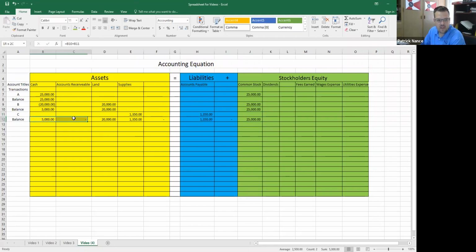So now I've got a total of 5 plus 20 is 25,000. 26,350 is the total assets. And then 1,350 plus 25,000, my total over here again is 26,350. So my equation balances. Liabilities plus stockholders' equity equals assets. Okay, so I'm balancing. So we'll stop there for now, and we will continue with this problem in the next video.